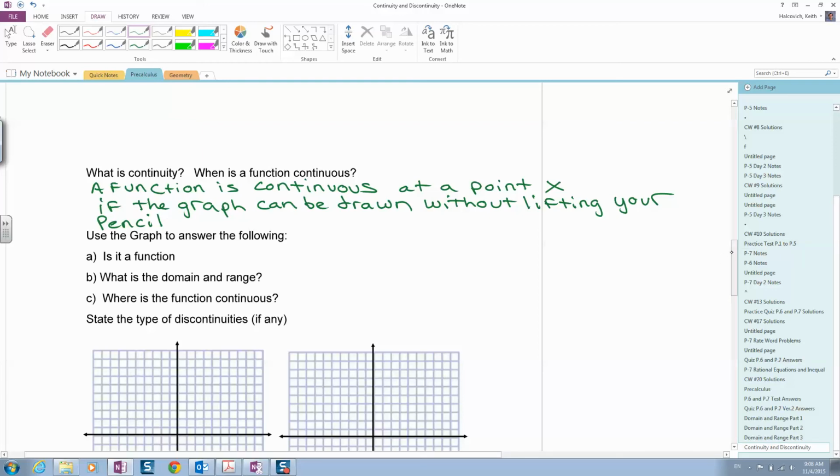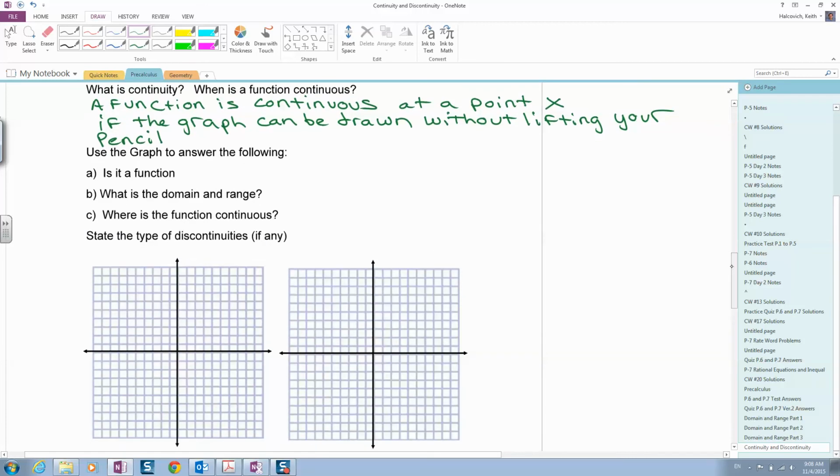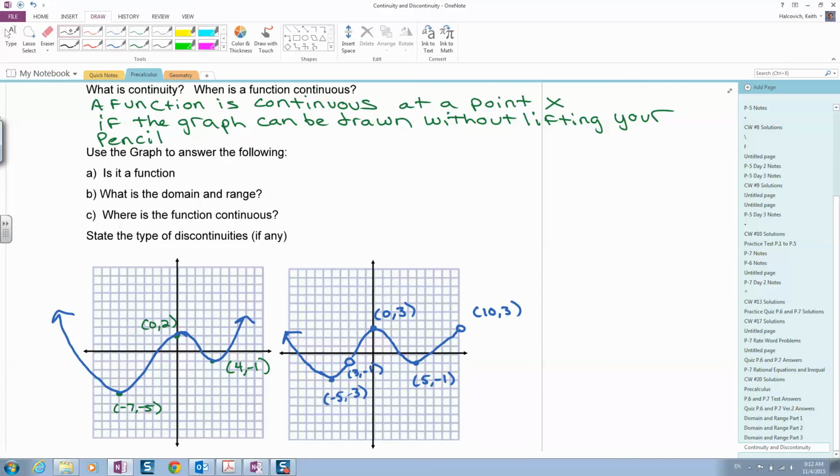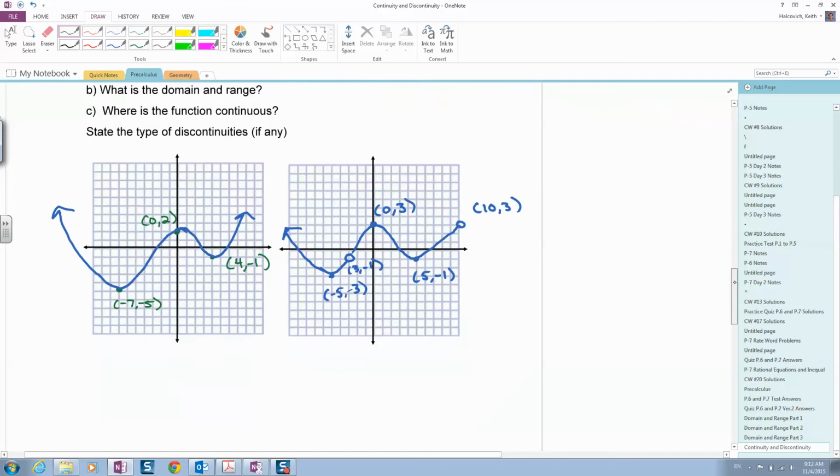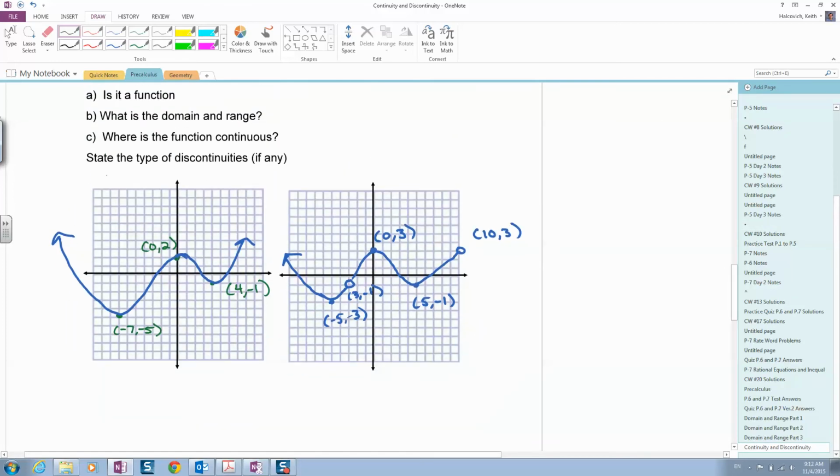So now we're going to look at some graphs here and answer the following questions. All right, so basically, if you look at these graphs, we want to determine first, is it a function? And if you look here doing the vertical line test, you'll notice that it's a function. So the answer for this first one, it's a function. Second, what is the domain and range?